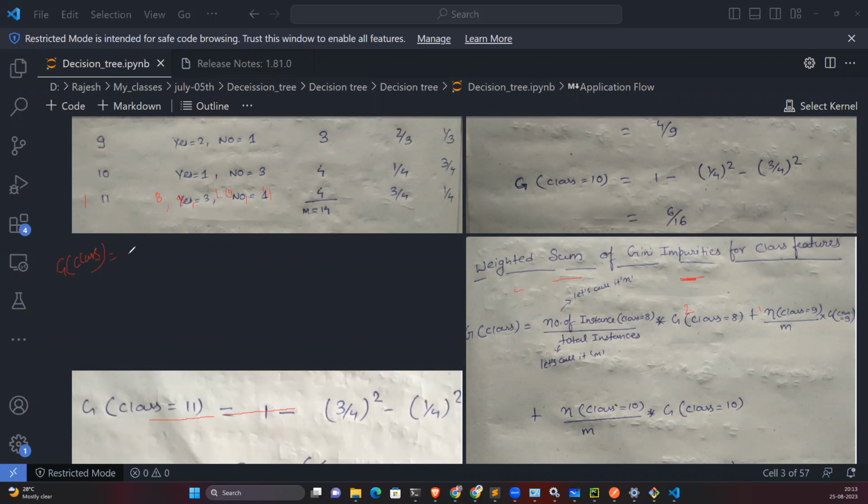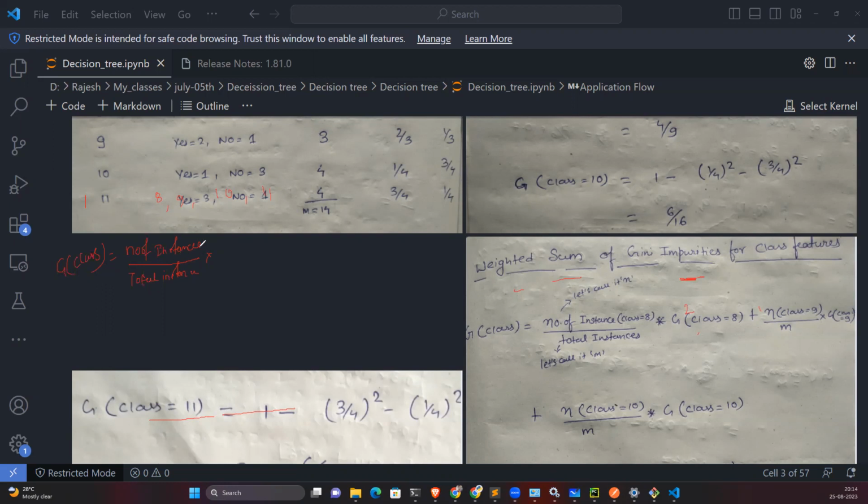We will say number of instances divided by total instances into... and now you must ask this question, do we have to remember this formula? No, you don't need to remember this formula. These things will get done by the library. I will talk about these things in tomorrow's session.